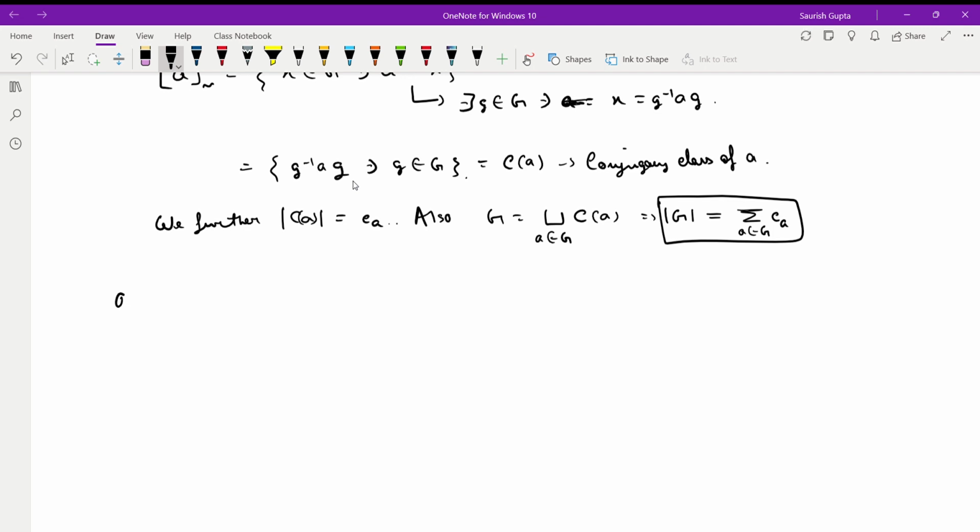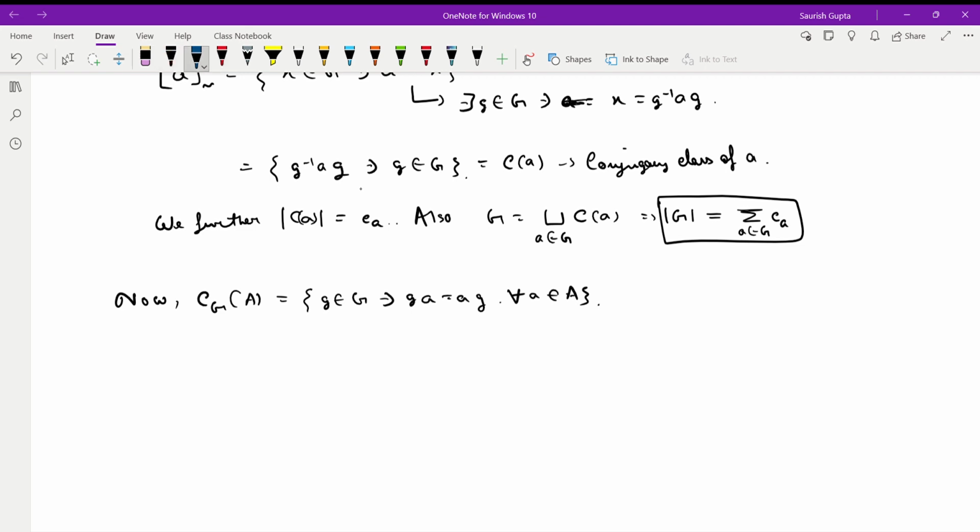Now, let me give a hint to centralizers. Recall how we defined centralizers for an arbitrary subset A of capital G. It was defined to be the collection of elements small g in capital G such that gA equals Ag. Sorry, this is the definition of a normalizer. So gA equals Ag for all small a in capital A, right?